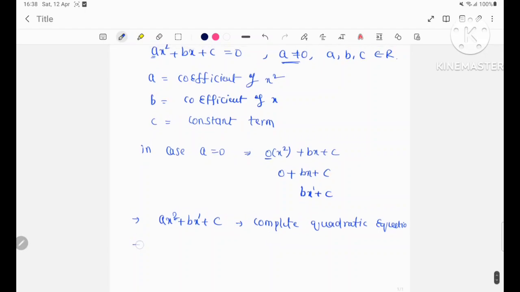In case b or c is missing, for example ax square plus c or ax square plus bx, then it is called an incomplete quadratic equation, because here there are not all the terms: the x square term, x term, then constant term. Any one term missing, then it is called an incomplete quadratic equation.